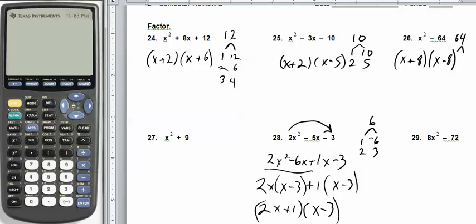Okay, on this one, very similar. Actually, this is difference of two squares then. If you see there's a minus sign here and there's squares, they're not perfect squares, but we can do square root of 8x minus the square root of 72 and square root of 8x plus the square root of 72.